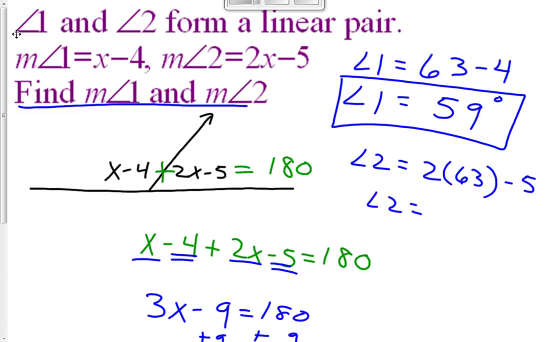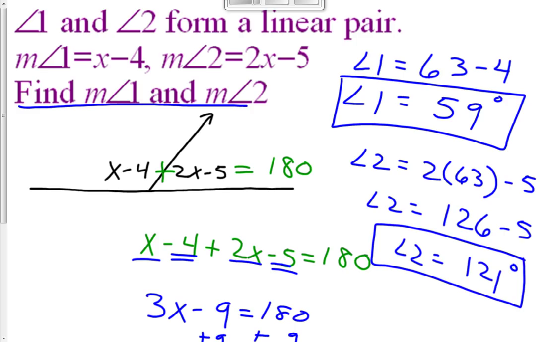So 2 times 63 is 126 minus 5. 126 minus 5 is 121 degrees. That is the measure of angle 2. And notice angle 1 and angle 2, it doesn't take very long to check your work. They should be supplementary. So if you add up 121 plus 59, you should get 180 degrees, which you do.